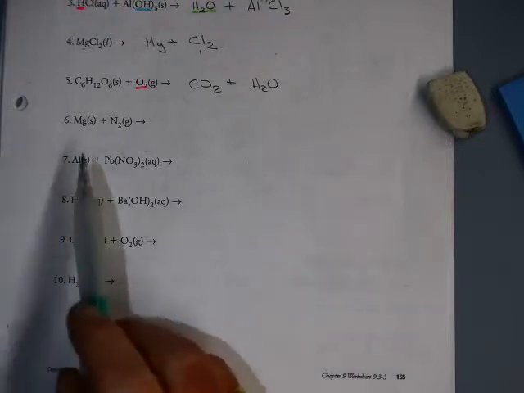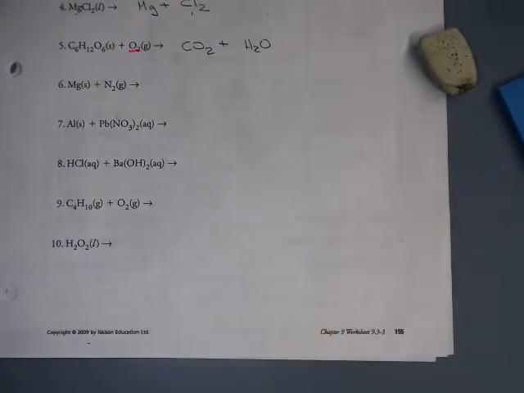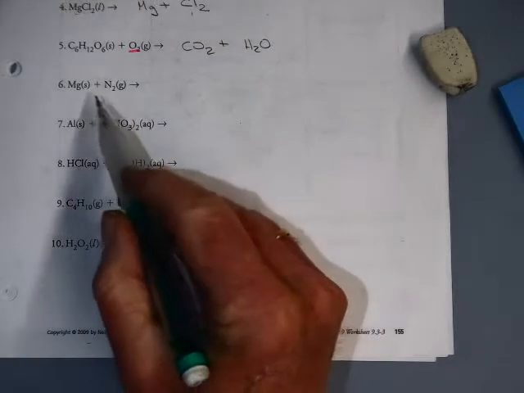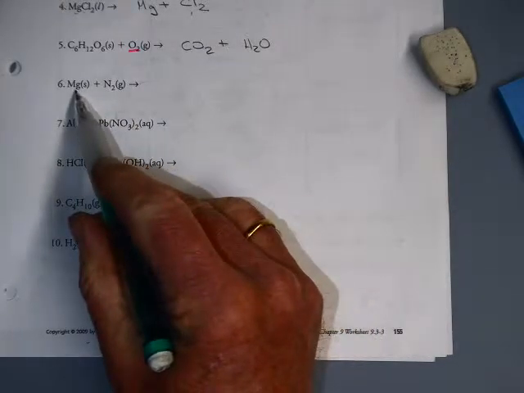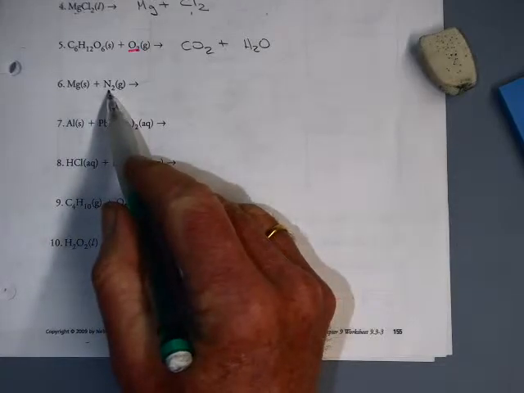Okay. What do we notice about number 6? It's really simple. It's 2 elements. What is the only thing that can happen to 2 elements? They combine in a synthesis reaction. So we know that you're going to combine magnesium and nitrogen.